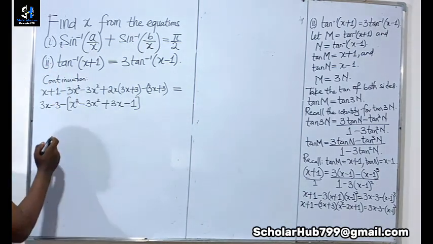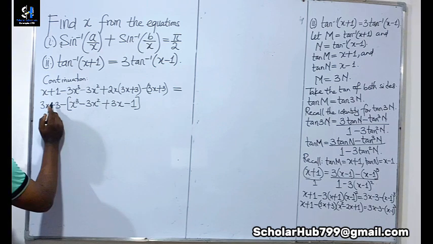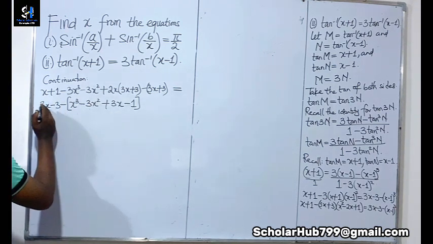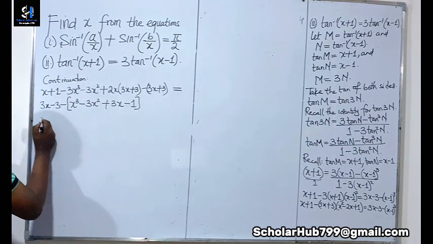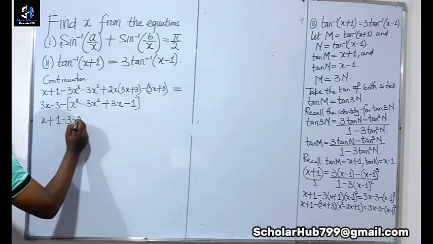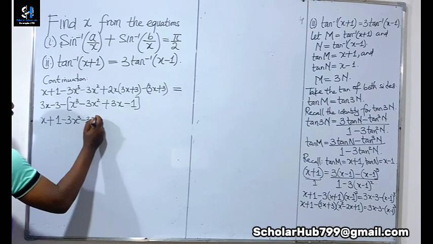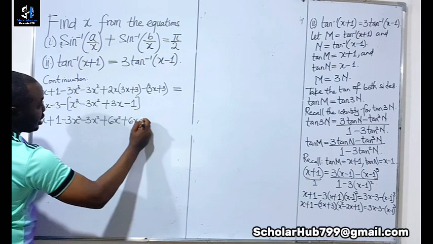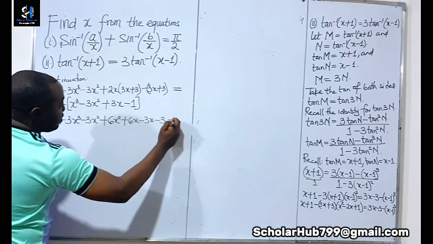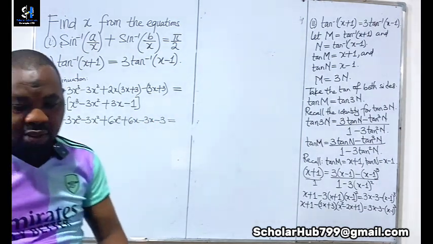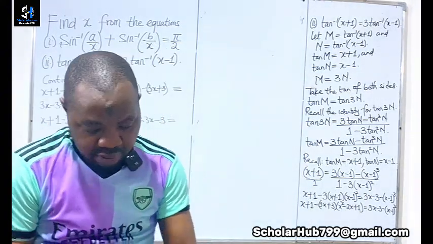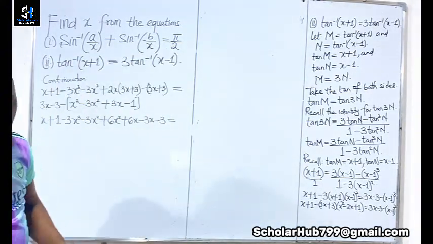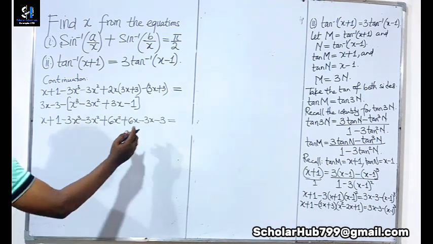Okay, so for the left hand side we have x plus 1 minus 3x cubed minus 3x squared plus 6x squared plus 6x minus 3x minus 3 equals 0.